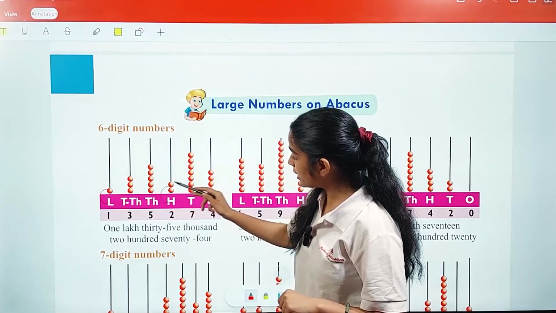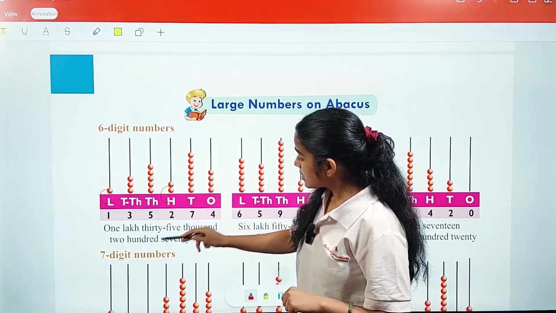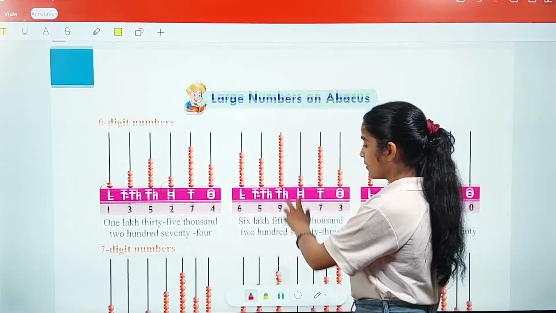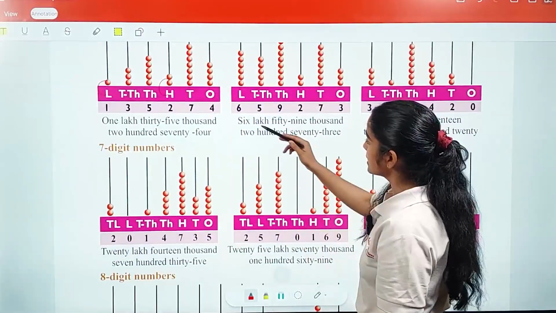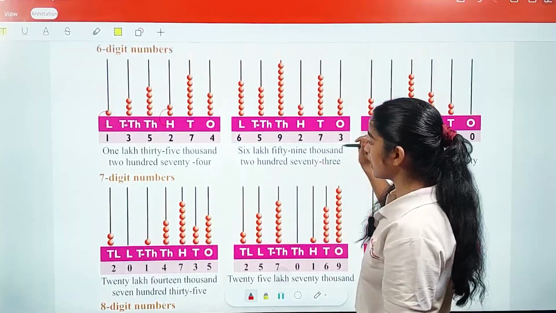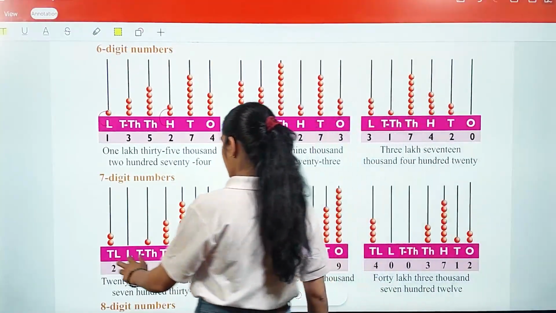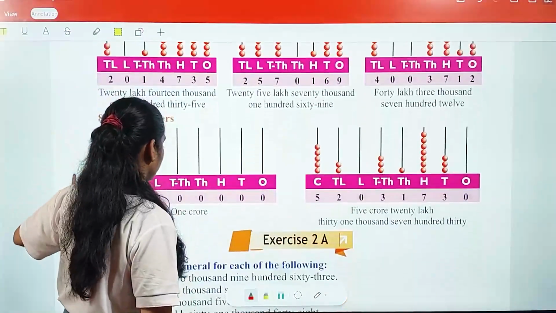Then 200, 70, 4. So this is the number we have: 6,59,273. So you can read your abacus like this only.